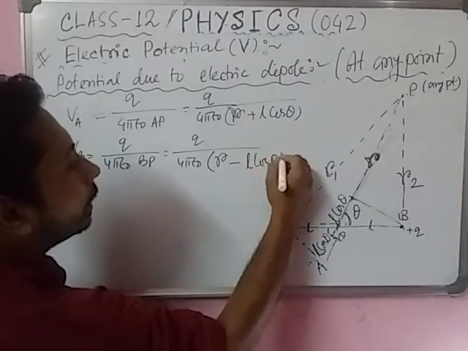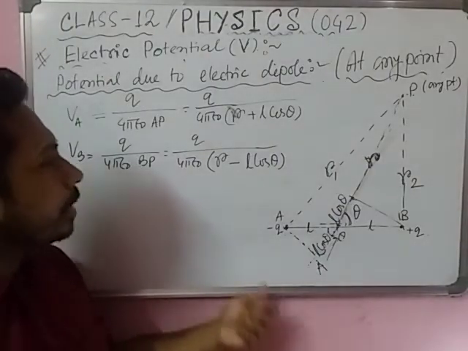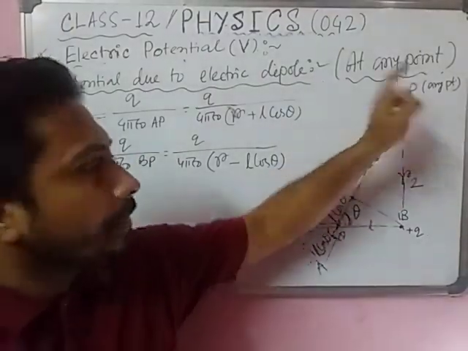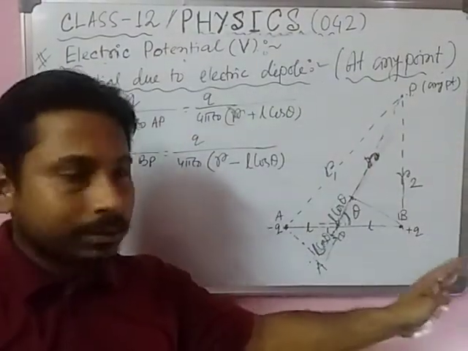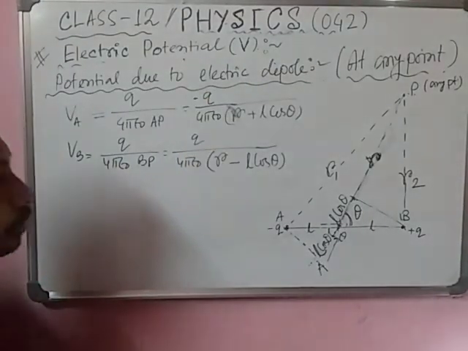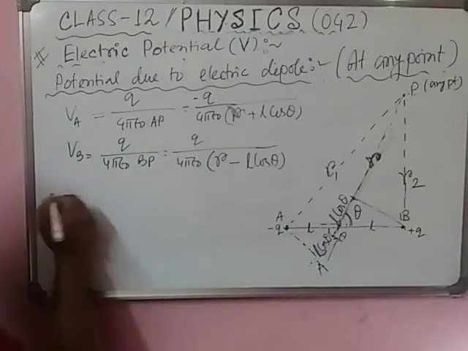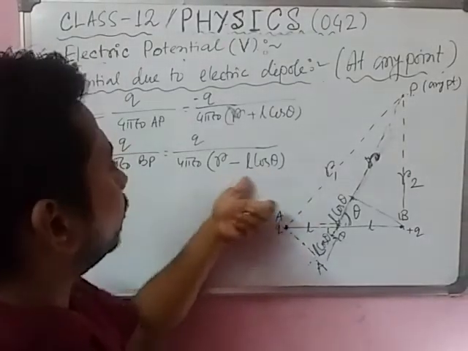Understood? Now what are you going to find out? Potential at point P. Potential means every time you have to add VA and VB. Here the charge is minus Q, so I put a minus Q. You know which one is greater? VB is greater because the denominator is less.